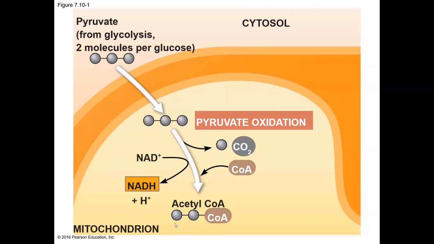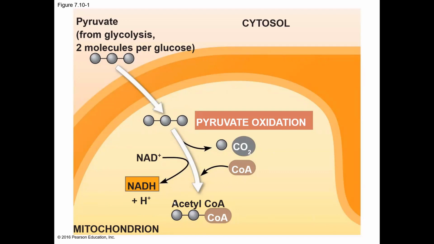Then the 2-carbon chain is now acetic acid, which will combine with coenzyme A to form acetyl-CoA. And in that whole process, NAD plus gains 2 electrons. That NADH will then continue to the last stage of cellular respiration.